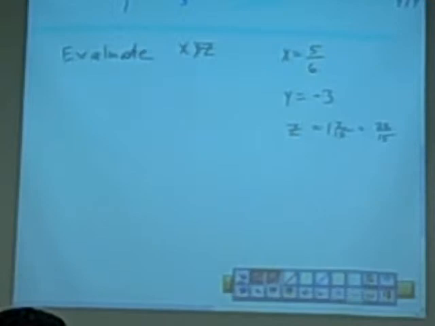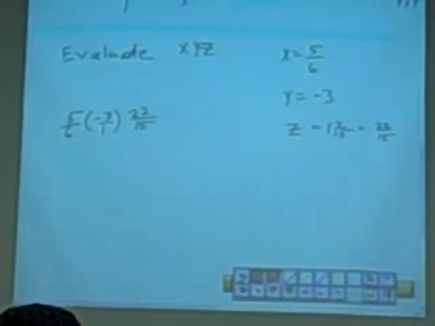So we're going to put in here for x, 5 over 6, right? Y, we got a negative 3, but we want to make sure that we put that negative 3 in the right place, so we're going to put that over 1. And then we have 22 over 15.